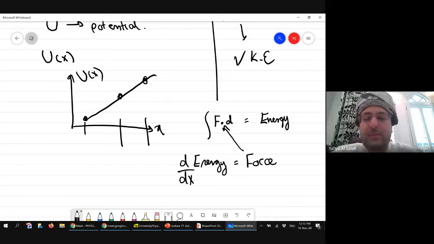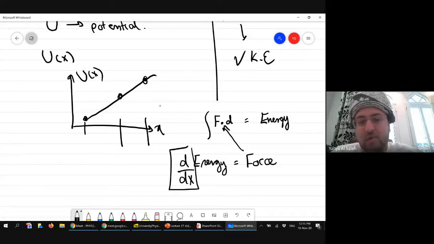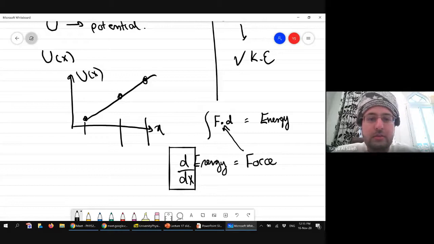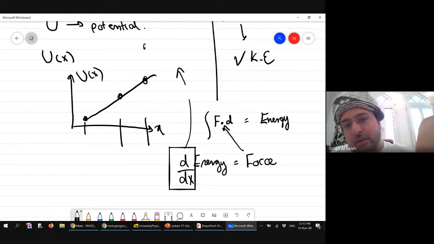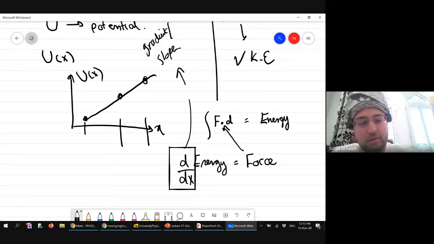Now d by dx on a graph is also known as gradient or slope.